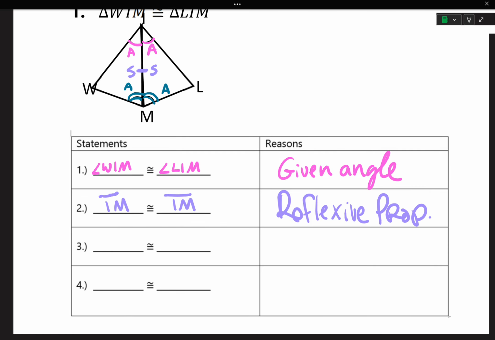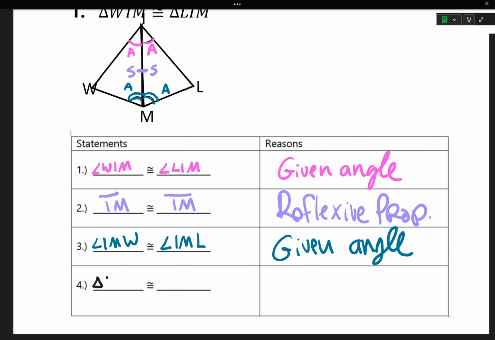Next, we have those double angles. I got angle IMW congruent to angle IML, and this was a given angle. Well, in the end, triangle WIM and triangle LIM are congruent because of angle, side, angle.